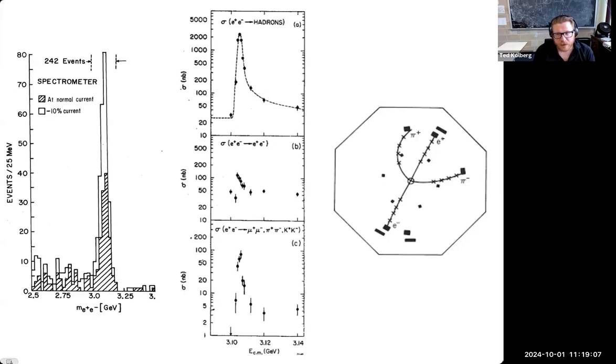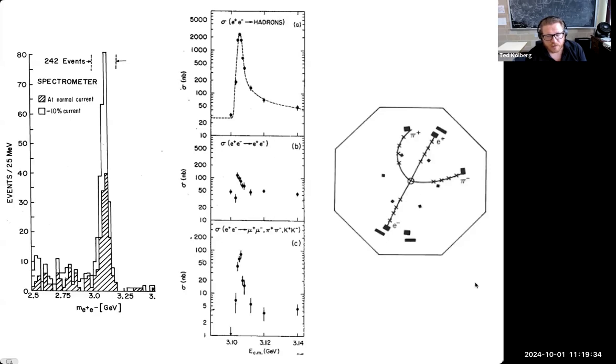Frascati, the Italian electron-positron collider, was only designed to go up to 3 GeV, so in principle it could not investigate this resonance. But seeing these dramatic results, they pushed the energy of their machine up to 3.1, 3.2 GeV, and they also saw the same thing. So these 3 groups, Brookhaven, SLAC, and Frascati, all appeared in the same issue of Physical Review Letters.